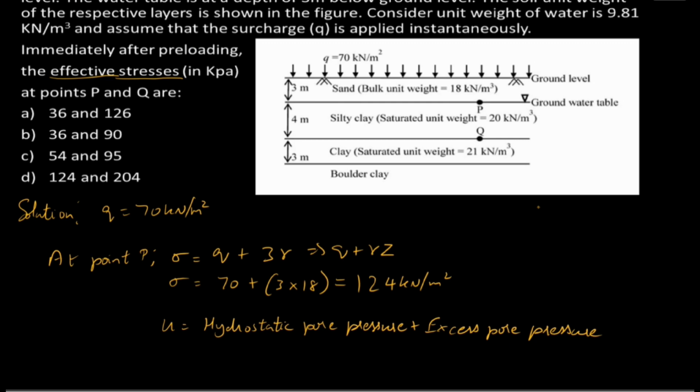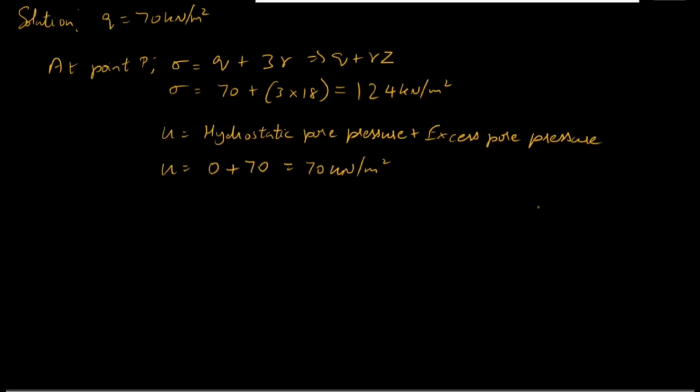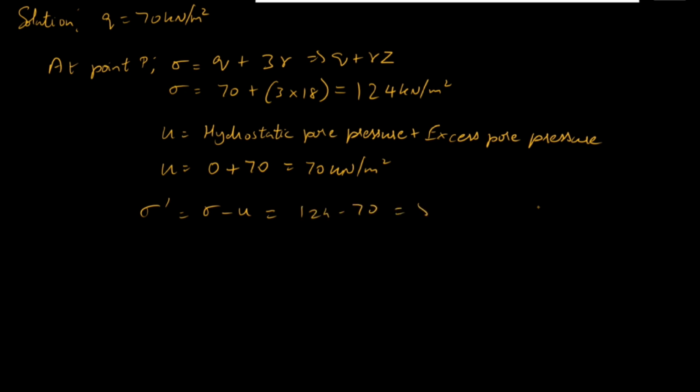Here hydrostatic pore pressure is equal to 0. So 0 plus excess pore pressure, which is nothing but your surcharge 70, gives us 70 kilonewton per meter square. Now effective stress sigma dash is equal to sigma minus u, which gives 124 minus 70, which is 54 kilonewton per meter square.